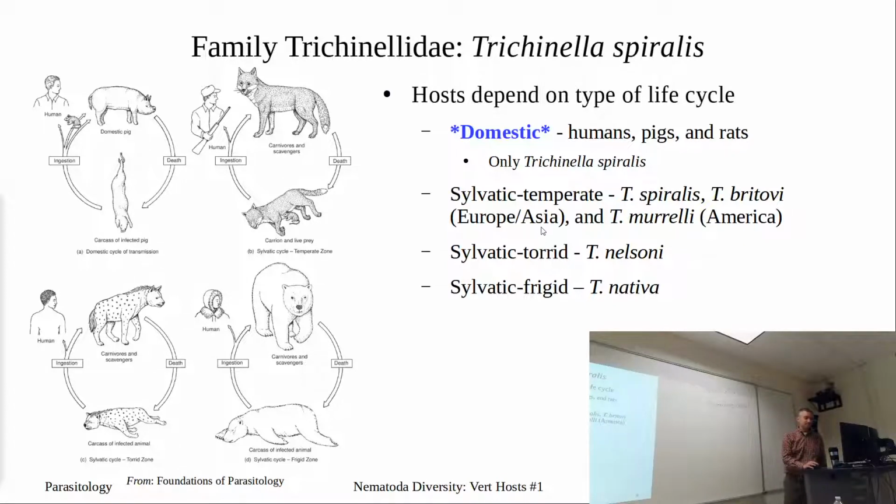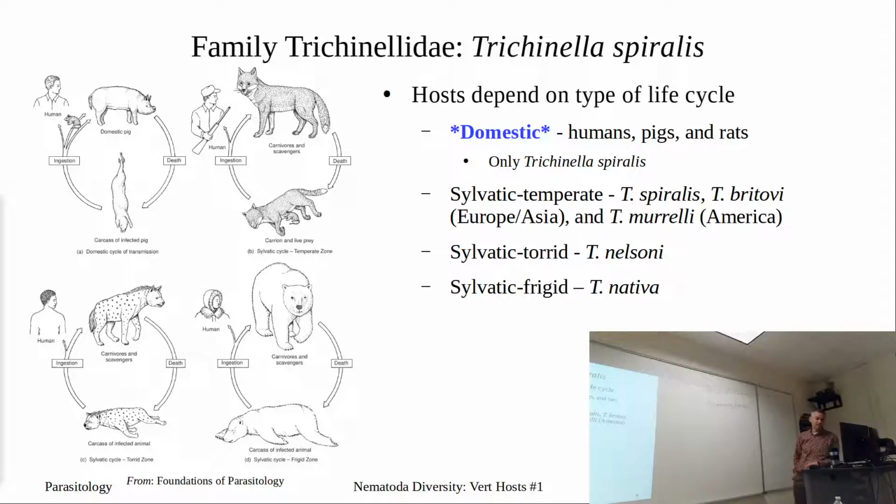Sylvatic torrid is super dry conditions, almost desert-like, mostly in Africa. This species is Trichinella nelsoni. You don't find spiralis out there. Again, it's carnivores and scavengers, so you have to think about what carnivores and scavengers are in that area. They tend to be hyenas.